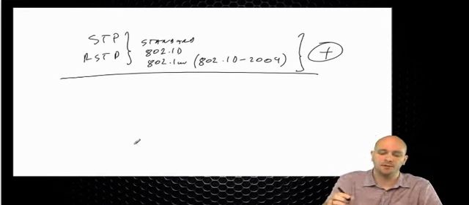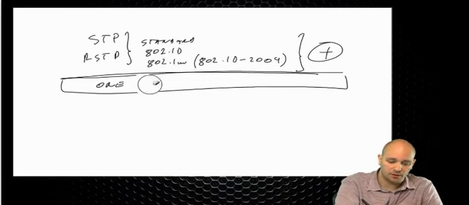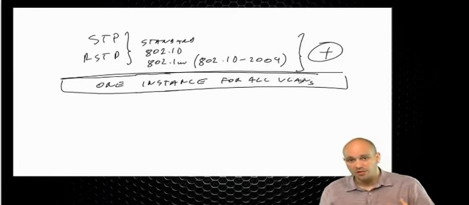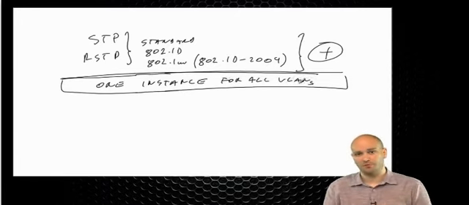Now, the major point about these is that there is one instance for all VLANs. Oops, I need to learn how to spell at one point in my life. It might actually help me a little bit. So there is one instance for all VLANs. With these traditional approaches, there is no support for multiple VLANs. That was never envisioned by the spanning tree.